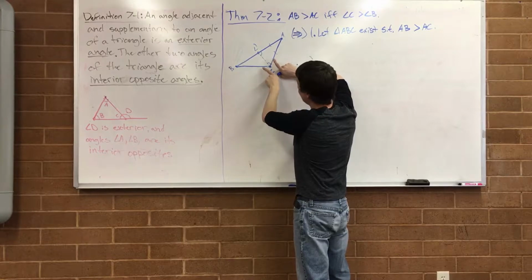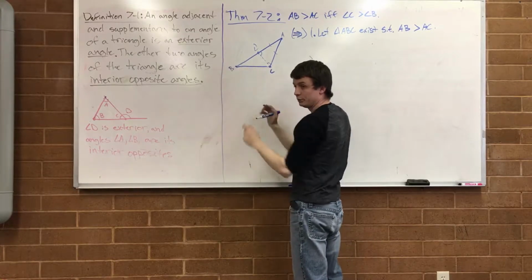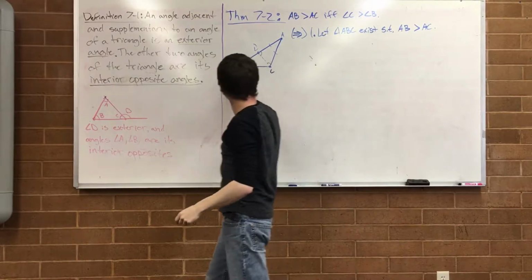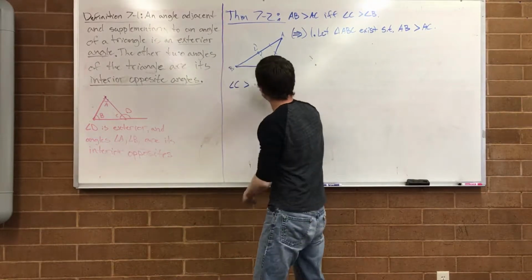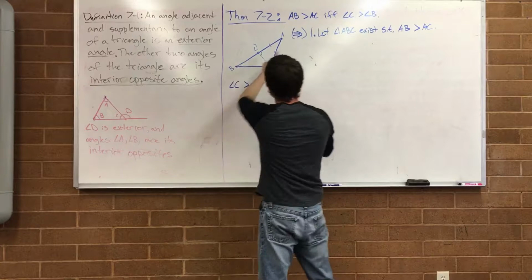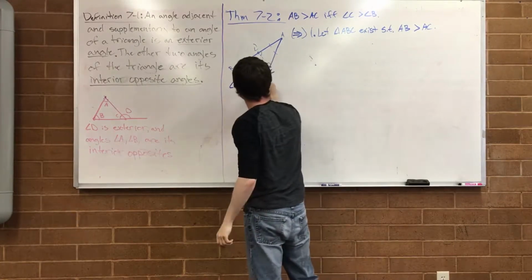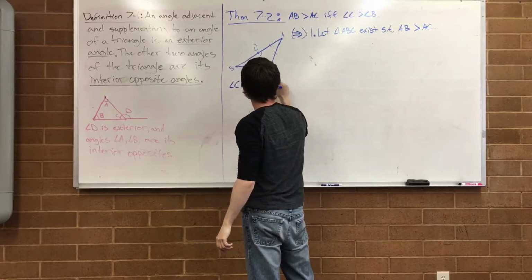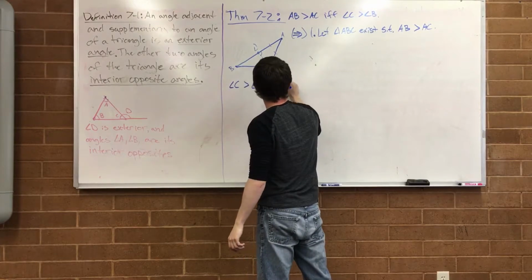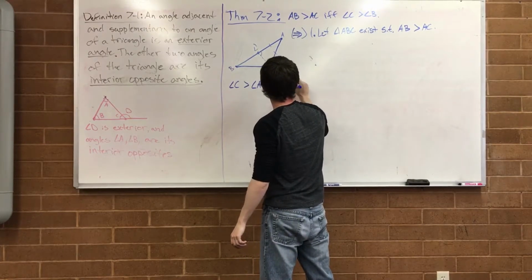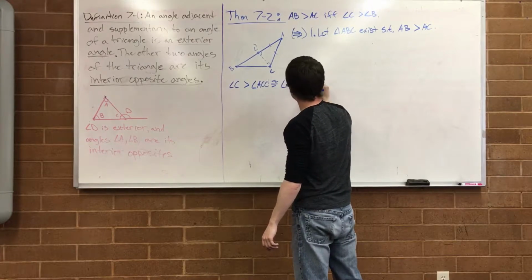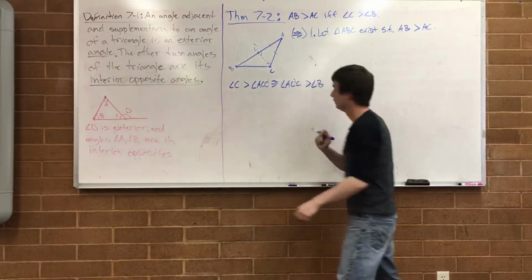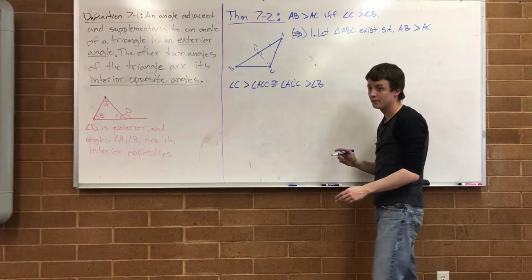Remember, ultimately we're trying to show that angle C is greater than angle B. So, angle C is greater than angle ACC prime, which is congruent to angle AC prime C, which is greater than angle B. You see all that?